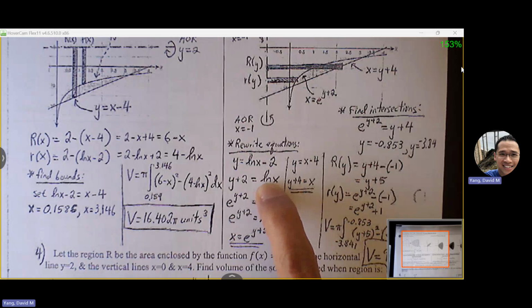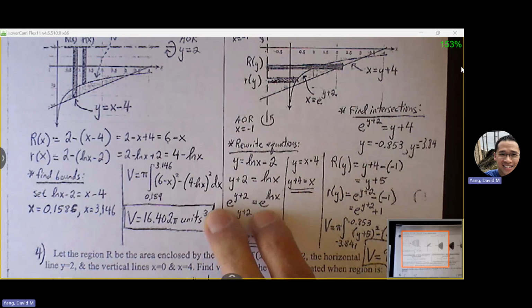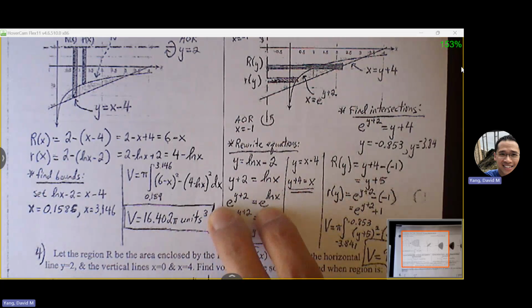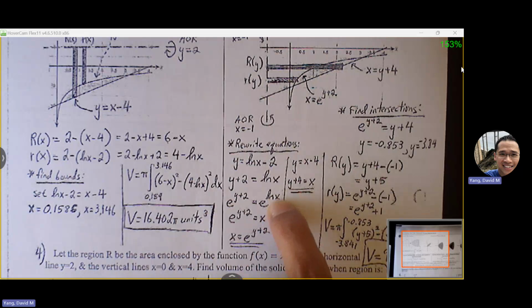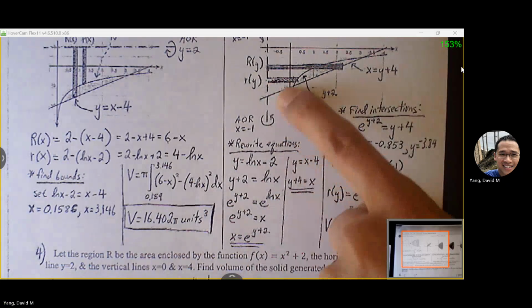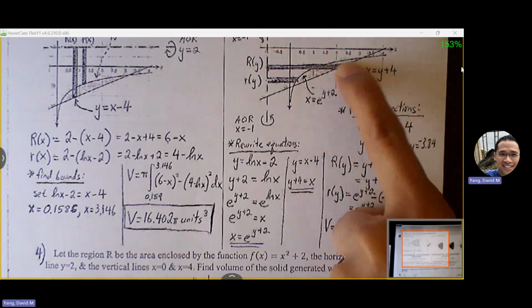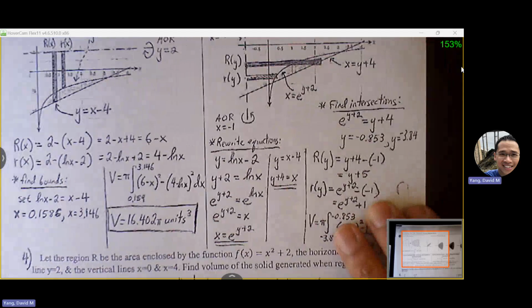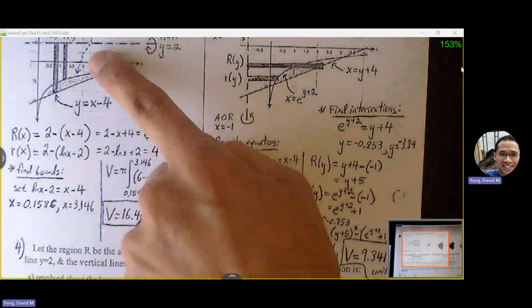I want to get x by itself, so I'm going to raise both sides with e as the base. That's the way that we can get rid of natural log. If I raise both sides with e as the base, e raised to the natural log of x becomes just x. So my equation in terms of x is going to be x equals e to the y plus 2.